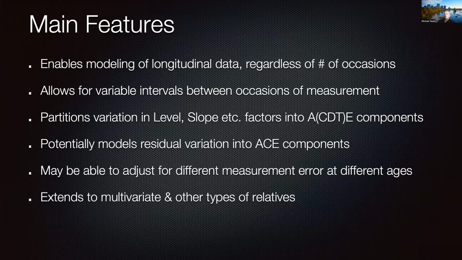And note that there is also a possibility that what has been assessed as simply residual measurement error, random error associated with each occasion of measurement, we do have the potential to partition that biometrically as well, because it is quite possible that some of the variation in our measures is consistent variation, but that is not associated with the growth processes.